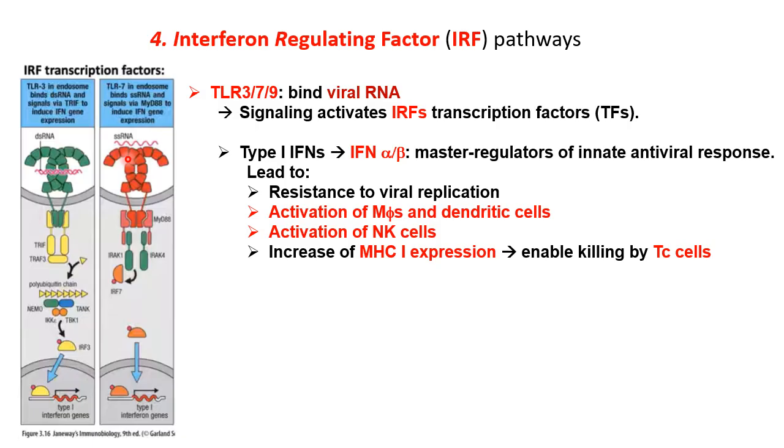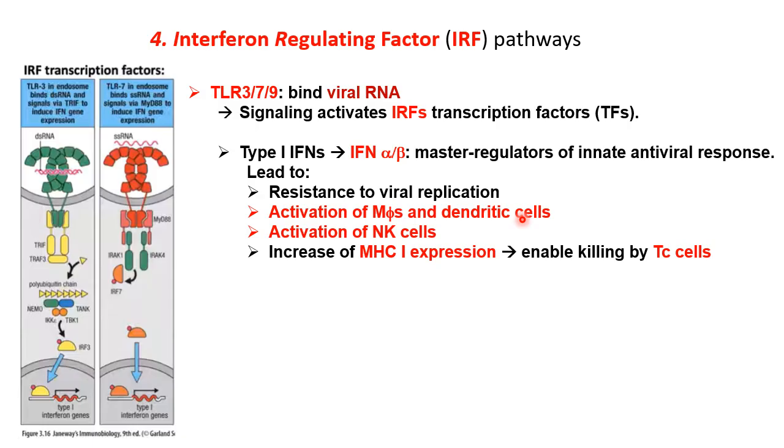So you activate, you dimerize your PRRs, and you send a signal to the nucleus that has to do with this IRF. IRF gets there and is going to produce interferon type 1, which is alpha and beta. When you produce this interferon, certain antiviral genes are going to get upregulated.